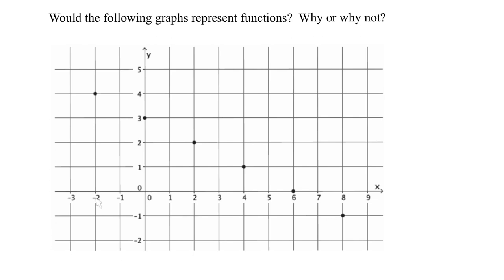So if I look here, there's inputs of -2, 0, 2, 4, 6, and 8. And all of those only have one dot. So each of those inputs only has one output. So yes, each input has exactly one output.